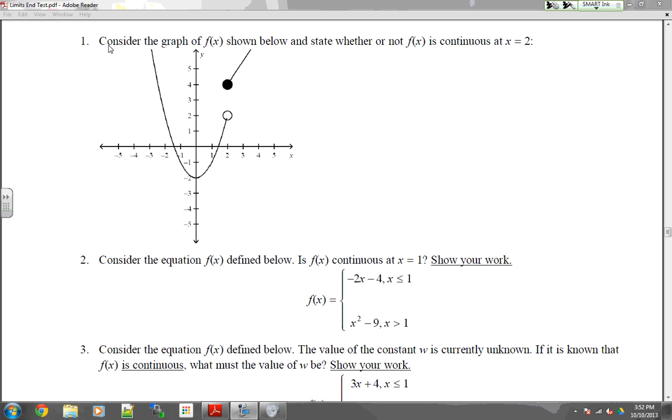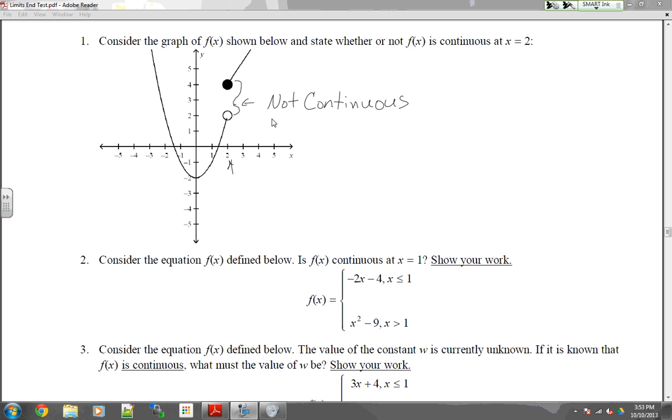All right, so number one says, consider the graph of f of x shown below and state whether or not it is continuous at x equals 2. Well, we go to x equals 2, which is right here, and if we follow it up, we notice that we have this big gap right here. Since we have that big gap, this is not continuous.